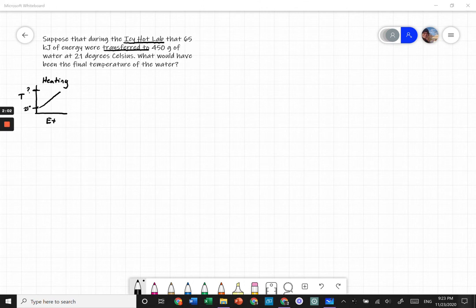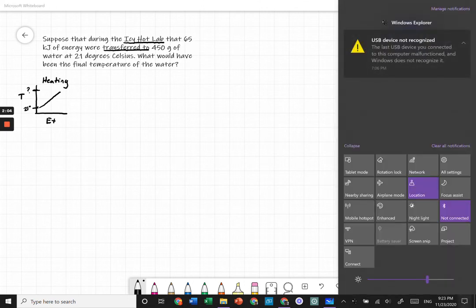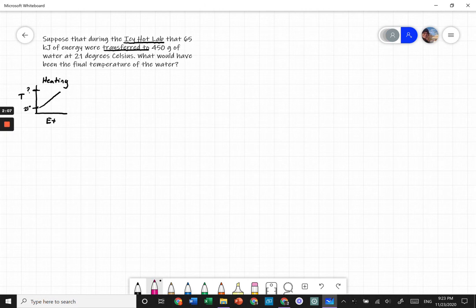At this point, what I'm going to do is write down the variables that we see in every single problem, the same variables that we see when we took notes.